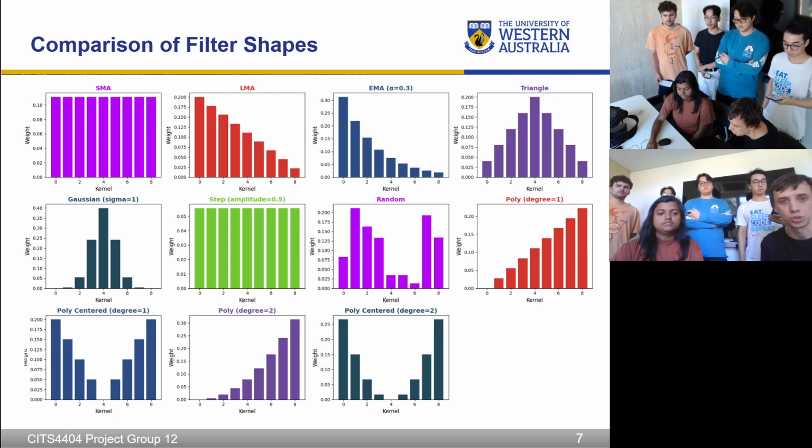The figure shows a side-by-side comparison of filter shapes that we implemented. It visually highlights the differences between the standard moving averages like SMA, LMA, EMA, and our experimental filters.